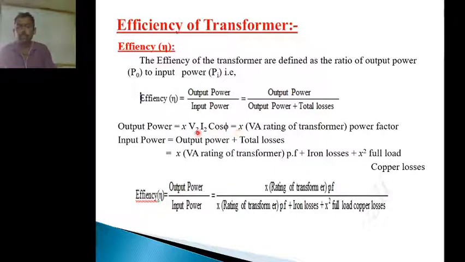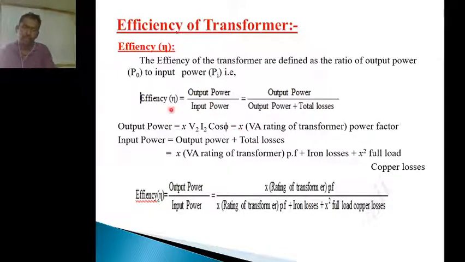We know that V2 into I2 is known as the VA rating of the transformer, and cos phi is the power factor. So we can write the output power as x into VA rating of the transformer into power factor.